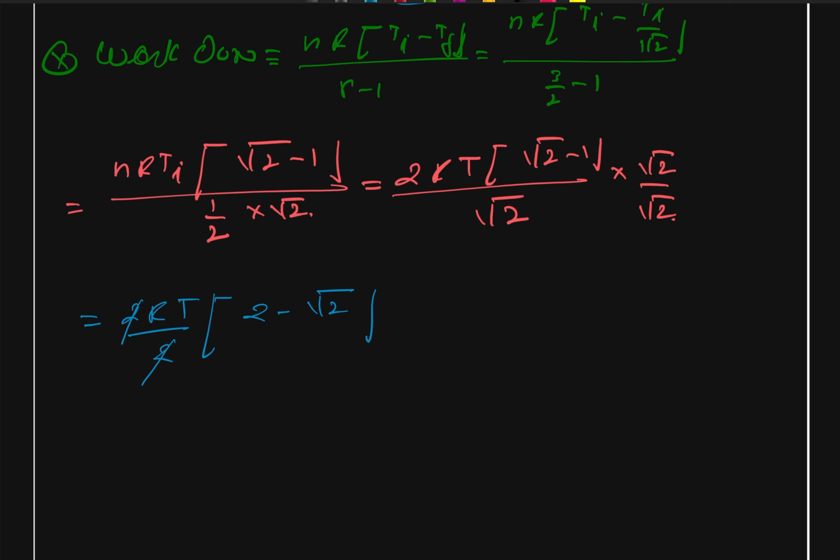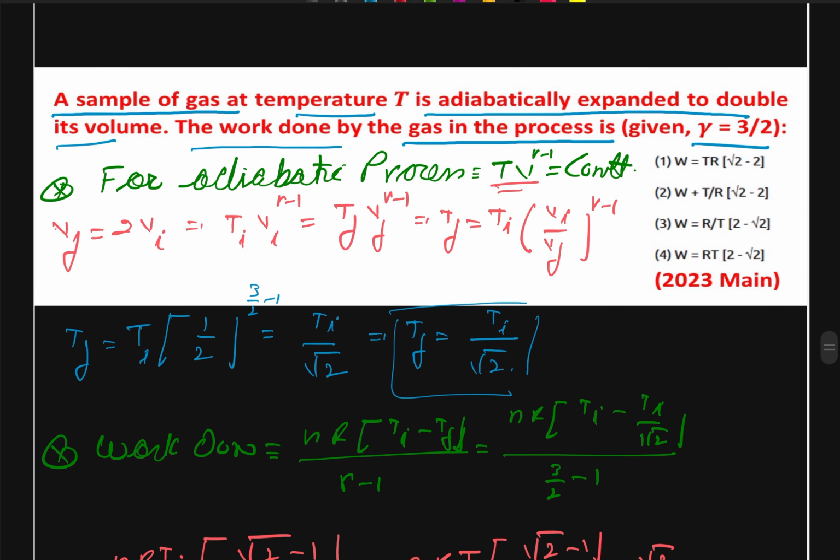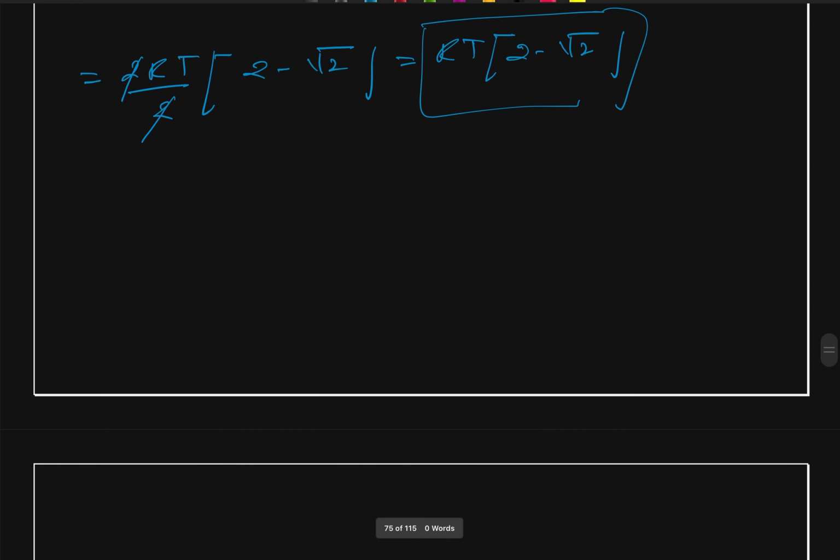This 2 and 2 cancel out, and now we get our answer, RT times (2 minus square root of 2). So we get RT(2 minus square root of 2), option 4 is correct.